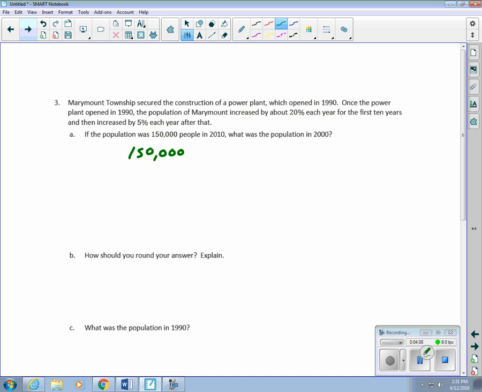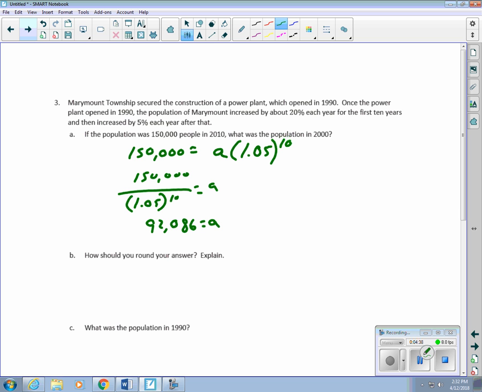If it was 150,000 people and I had a growth rate of 5%, I want to know what it was 10 years before that. Well, if I do this math, I'm going to divide 150,000 by 1.05 to the 10th power, and I'm going to get about 92,086 people. Okay?